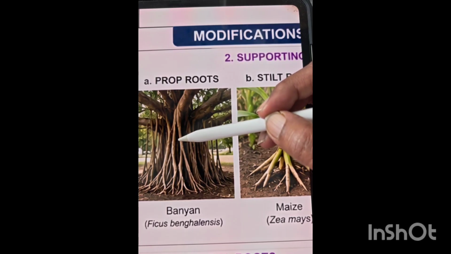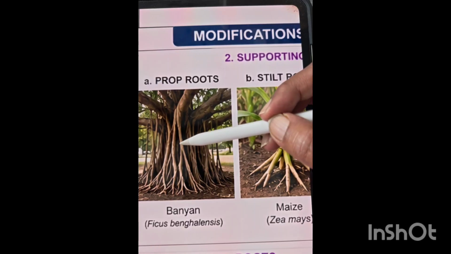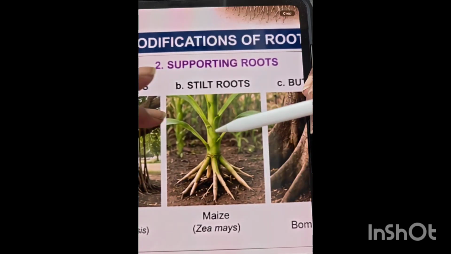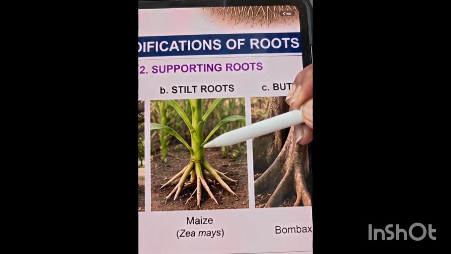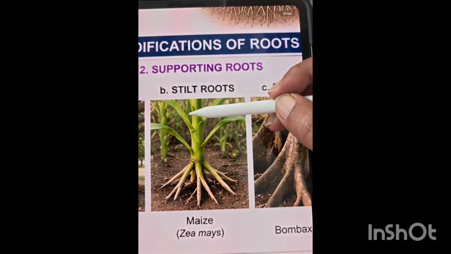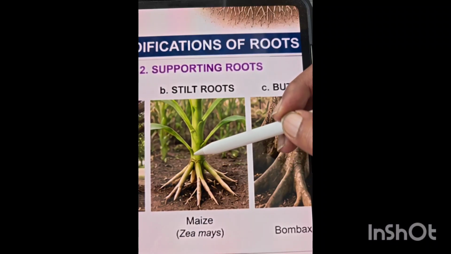In the botanical garden in Kolkata, the oldest banyan tree is there, where you will not be able to make out which is the stem and which is the root.